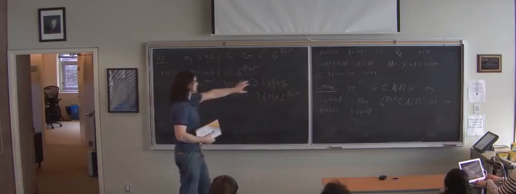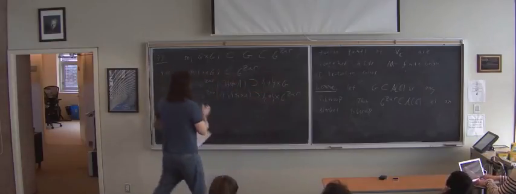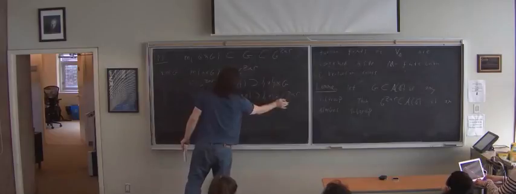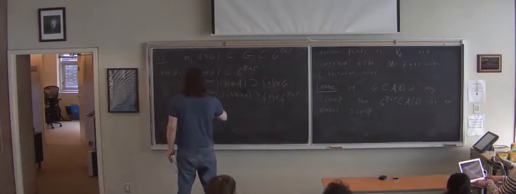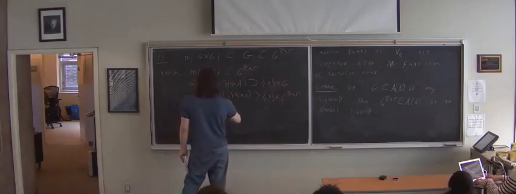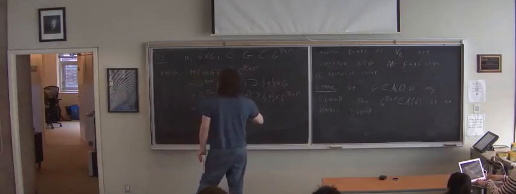This variety is isomorphic to G, and so the Zariski closure must be just this guy. And what that amounts to is that if you do this, this is also contained in the Zariski closure of G.